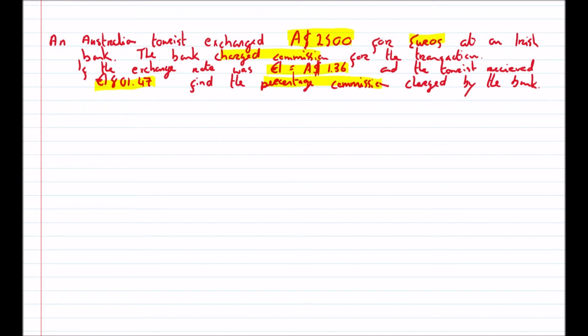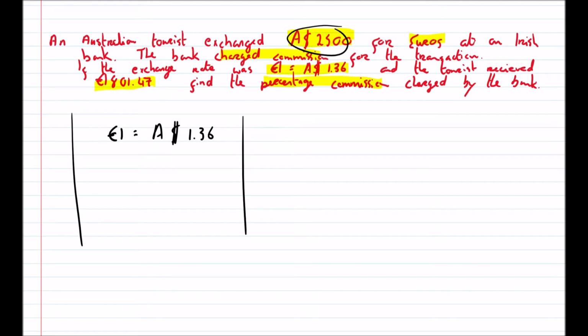Okay. So first of all, let's write out our exchange rate. €1 equals 1.36 Australian dollars. So we'll neaten that up a bit.